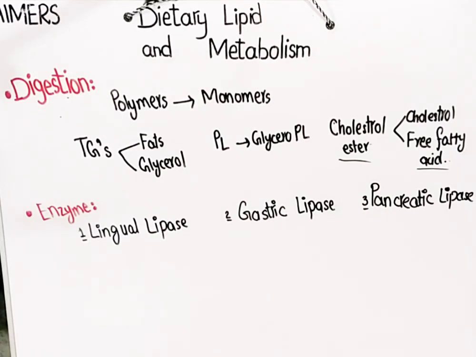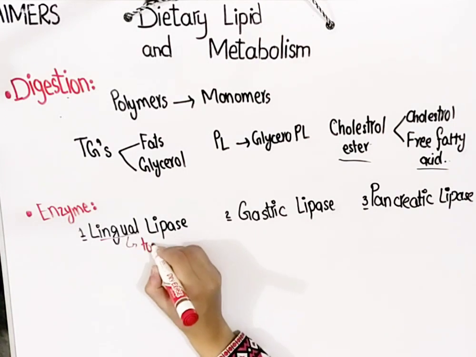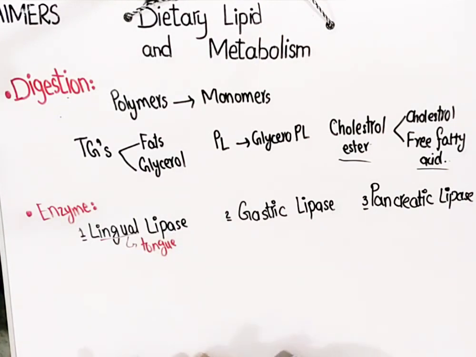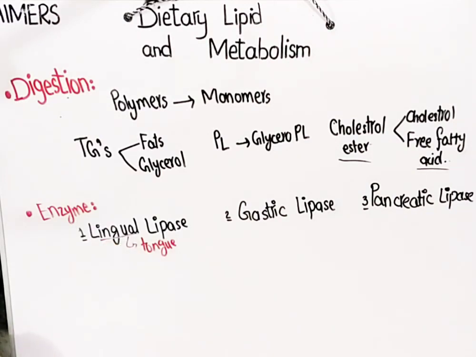Now, what is the action of the lingual lipase enzyme? As the name goes, lingual suggests tongue. Lingual lipase is basically released from a minor salivary gland. As you know, there are three major salivary glands: the submandibular, the sublingual, and the parotid. But this one is a minor salivary gland, present on both sides of the oral cavity behind the tongue.